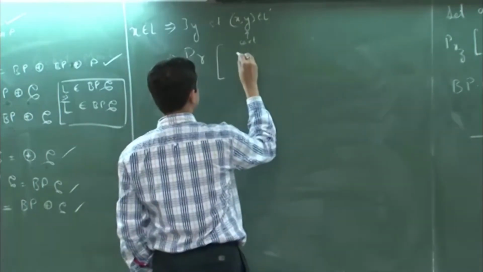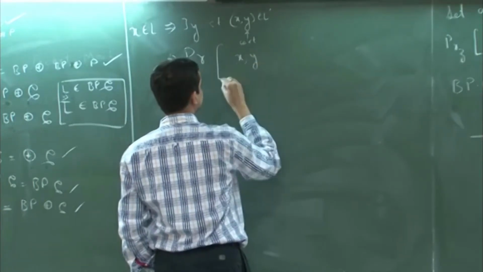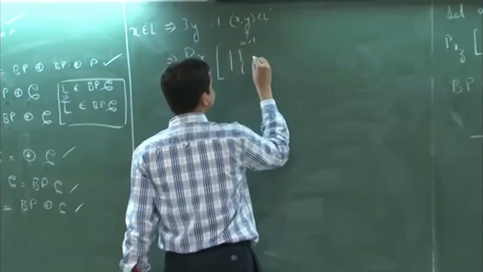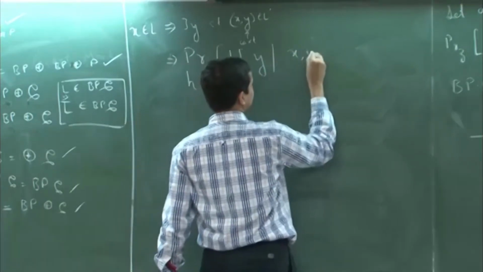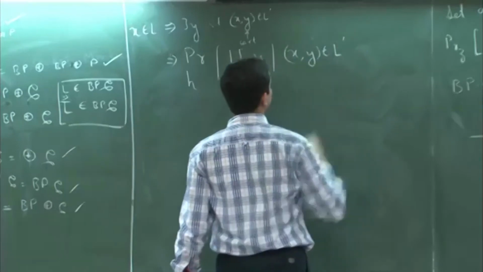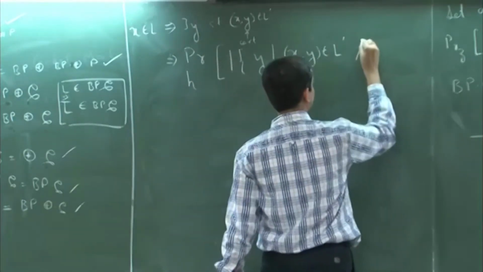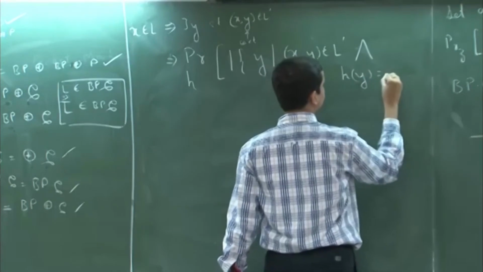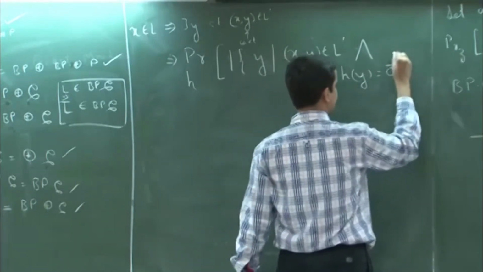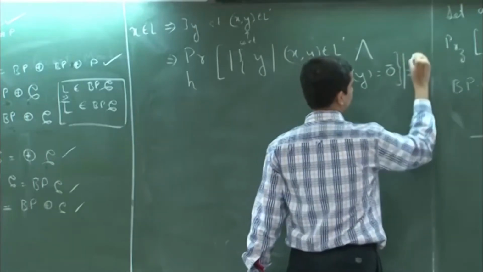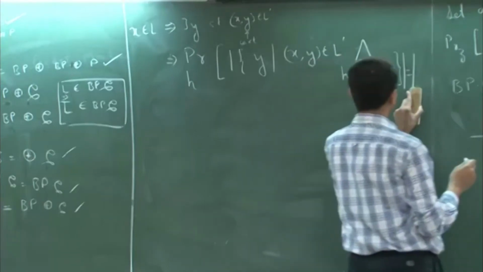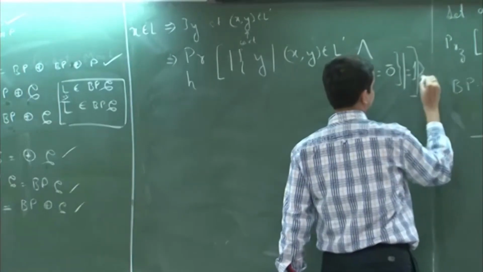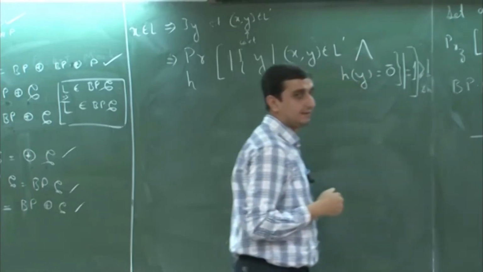The number of certificates y such that x comma y belongs to L prime and h of y gives me the all zeros vector is 1, with probability greater than 1 over 8n.